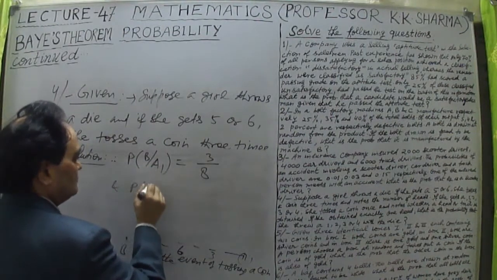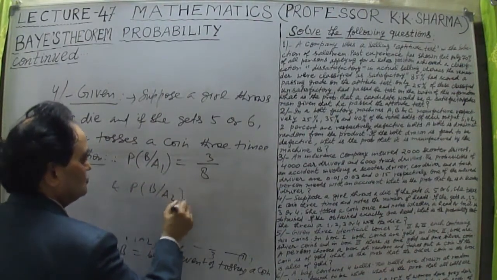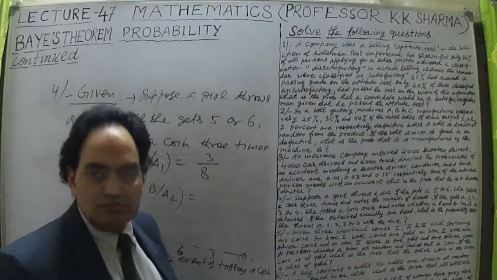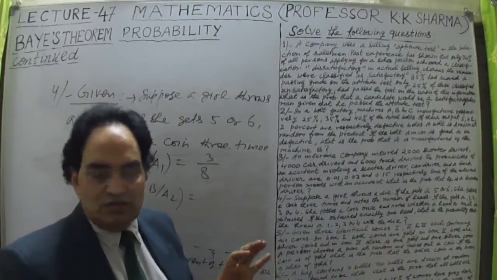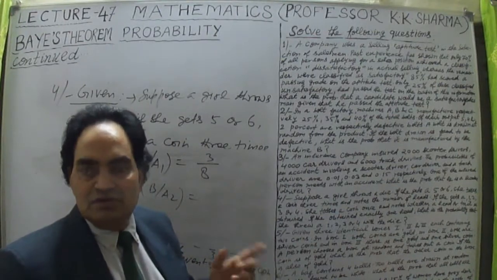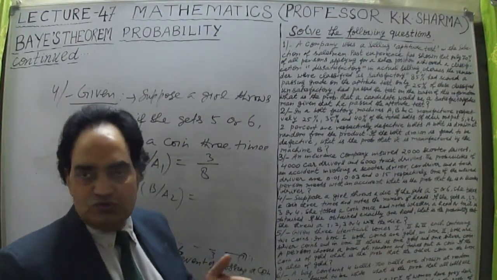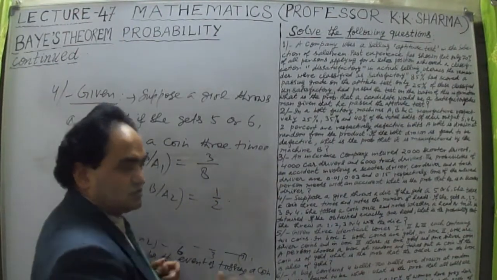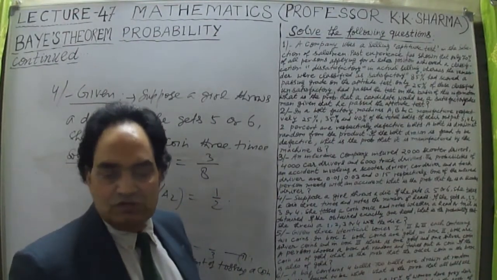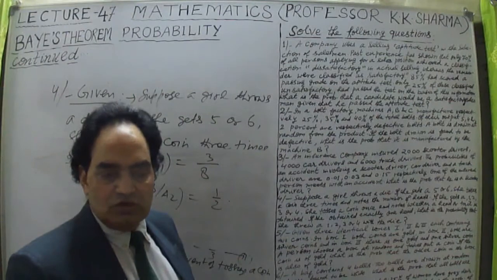And what is the probability of B upon A2? In that situation, we are tossing a coin only once. In once, the probability of getting the head is 1 upon 2, or tail is also 1 upon 2, because there are two outcomes, head and tail.